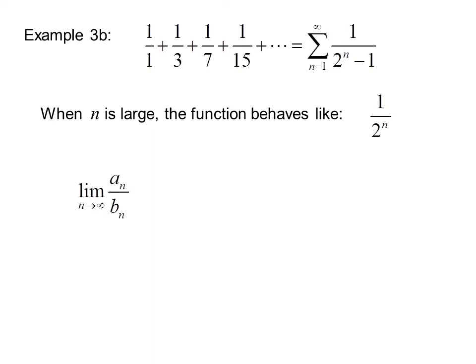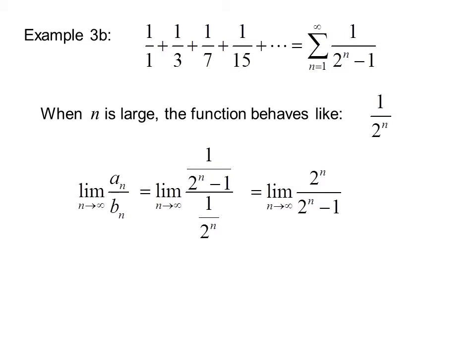If we take the limit as n goes to infinity of a sub n over b sub n equals the limit as n goes to infinity of 1 over 2 to the n minus 1, which was our original function, over 1 over 2 to the n, which we want to compare it to, we get the limit as n goes to infinity of 2 to the n over 2 to the n minus 1, which is 1, because of course as n goes to infinity, this minus 1 becomes insignificant.